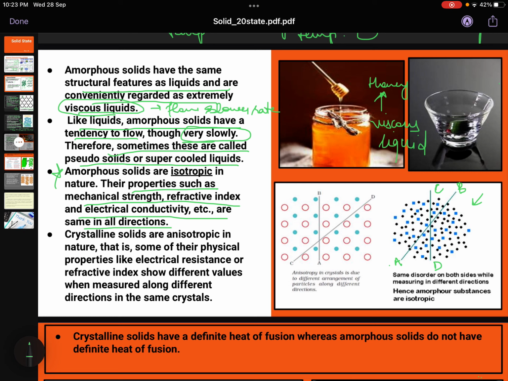If you move here, the arrangement is again random. So the properties will be the same in all directions. Isotropic means iso, same, and tropic, direction.